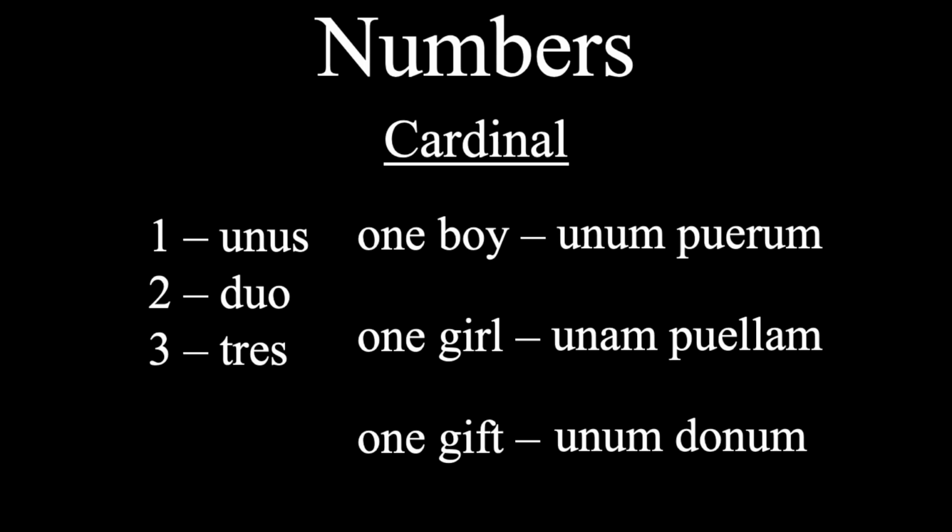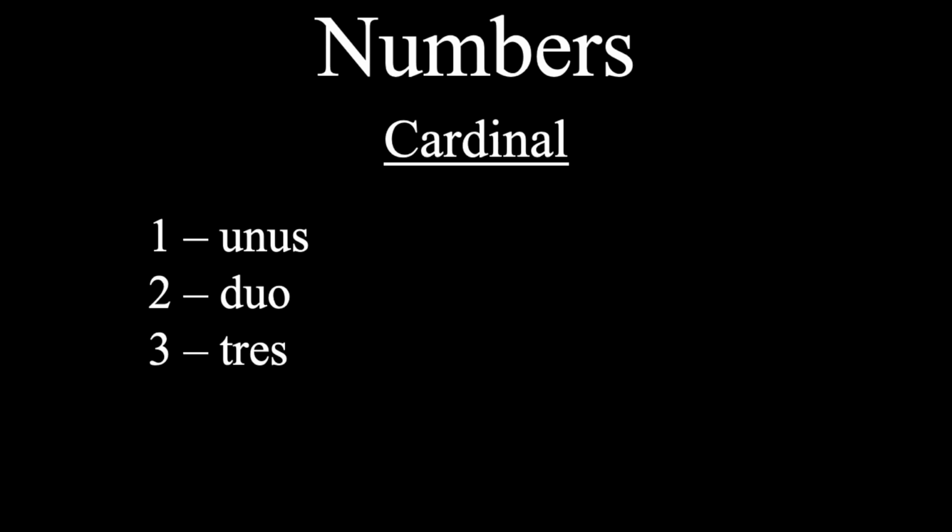In the genitive and the dative case, the adjective unus actually has irregular forms, but we're not going to worry about those right now. All right, next one, look at two. If we wanted to say two boys, we would have duo pueri. Duo also has irregular forms, and again, we won't worry about those at the moment.